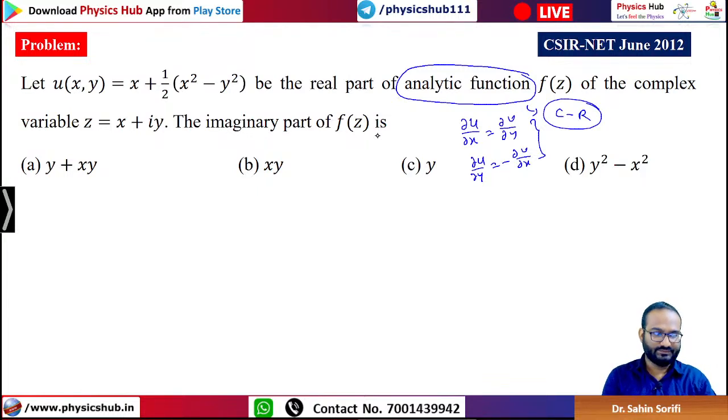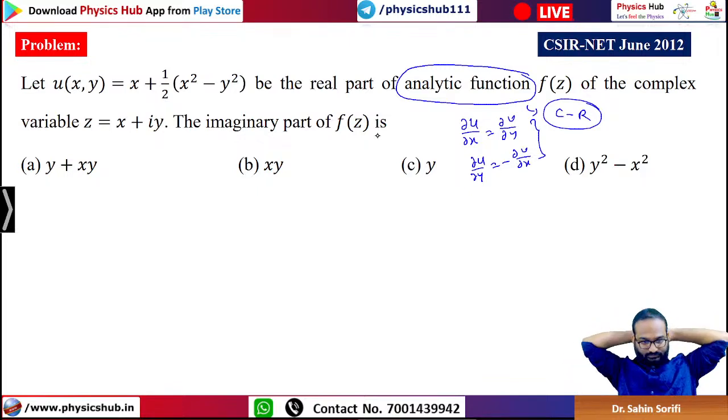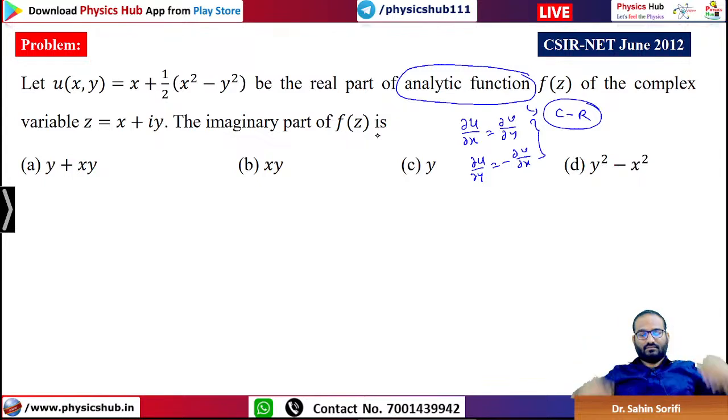Give it a try, then we will solve. Option A.